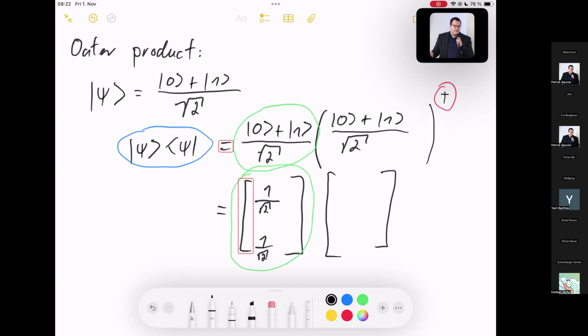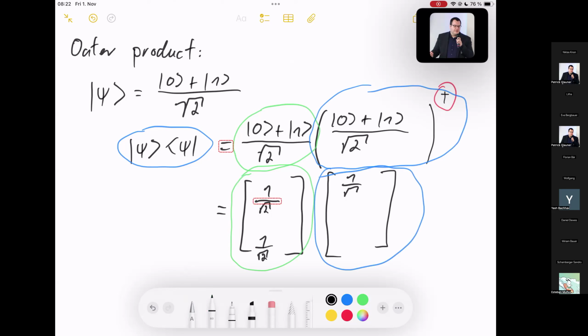And then we have this blue part here. That's also 1 divided by the square root of 2, 1 divided by the square root of 2, and we need to put the dagger there as well.